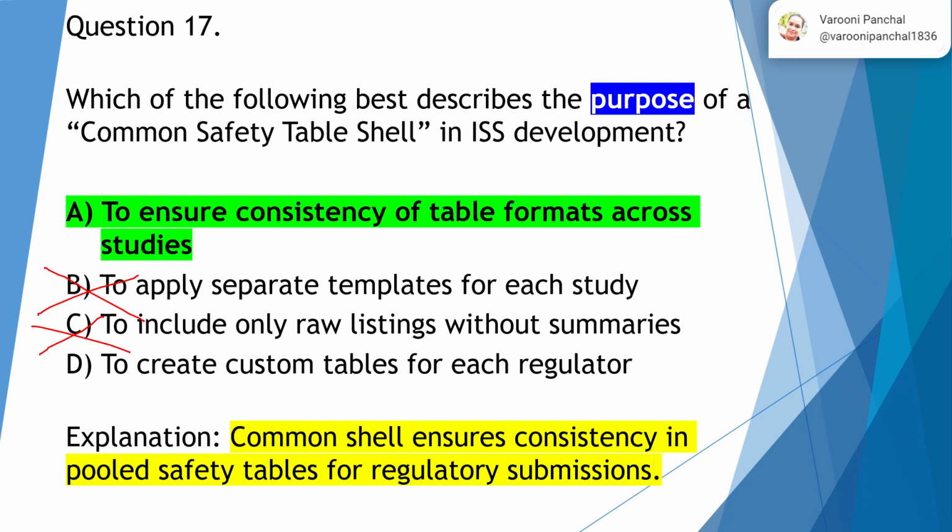To create custom tables for each regulator. No, even if you have different regulators, that does not mean you create separate tables. So the correct answer is to ensure consistency of table formats across studies. That is the reason we keep the common safety table shell, which is common for all ISS studies. A common shell ensures consistency in pooled safety tables for regulatory submissions.